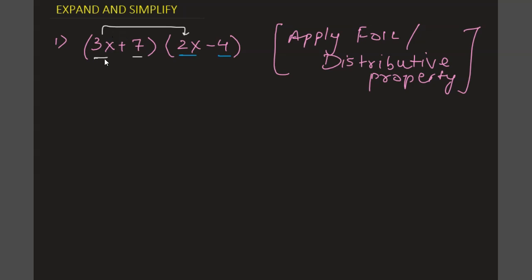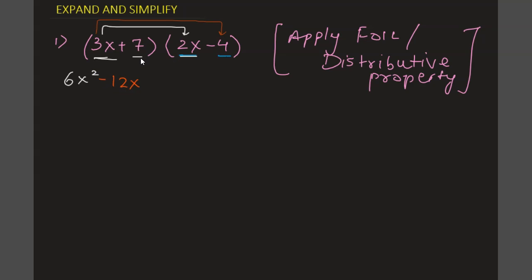So if we multiply the first term of the first bracket with the first term of the second bracket, we would get 3 times 2 is 6, x times x is x squared. Then we multiply the first term of the first bracket with the second term of the second bracket. And we see this is a plus 3x times minus 4, so we get a minus 12x.